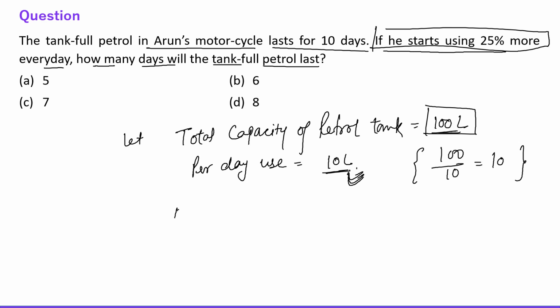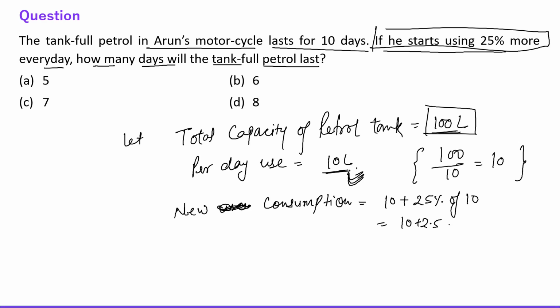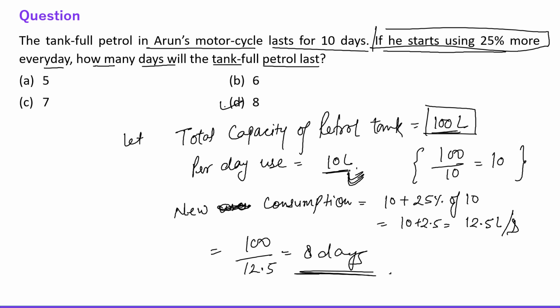So obviously new usage of petrol, new consumption, is equal to 10 plus 25% of 10, which is equal to 10 plus 2.5, which is equal to 12.5 liter per day, right? So 100 divided by 12.5, for how many days the petrol will last? So this is 8 days, right? So the answer is 8 days.